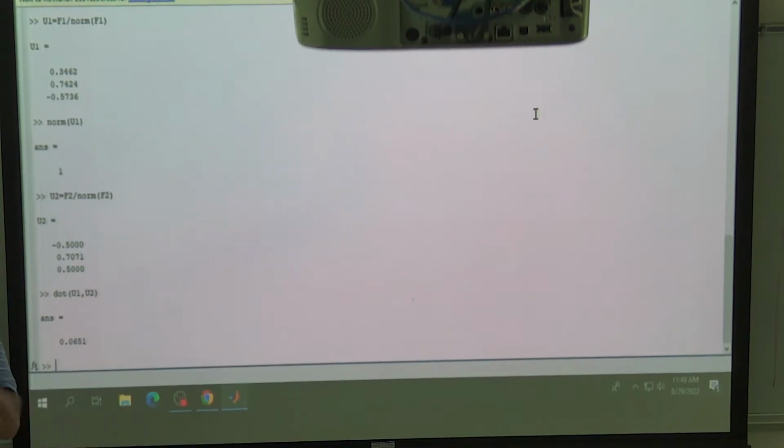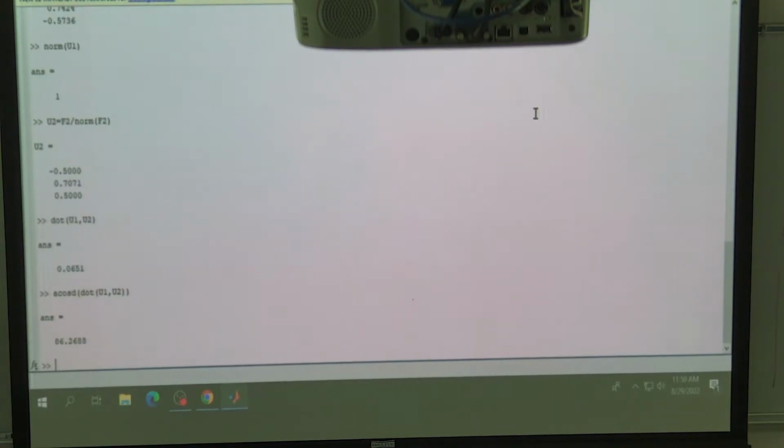Remember that? So those both are 1s. So I take the dot product and I take the inverse cosine of it, and that gives me the angle. So just like that, you do arc cosine, in degrees, of those two. That tells you it's 86 degrees between those two vectors.